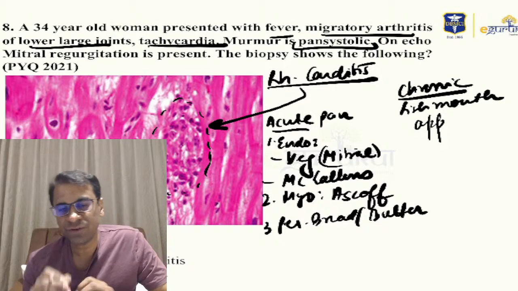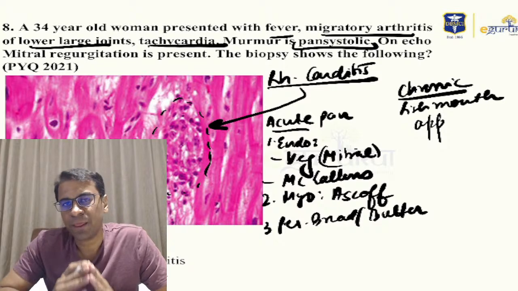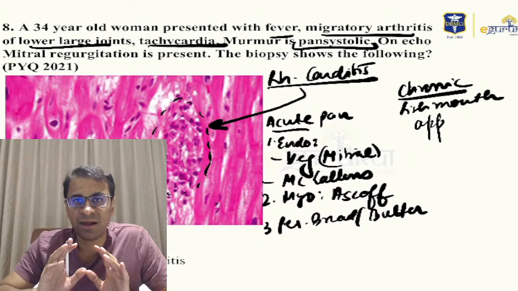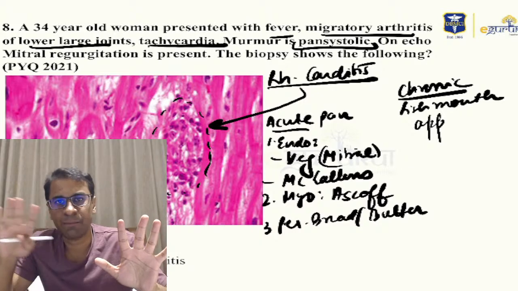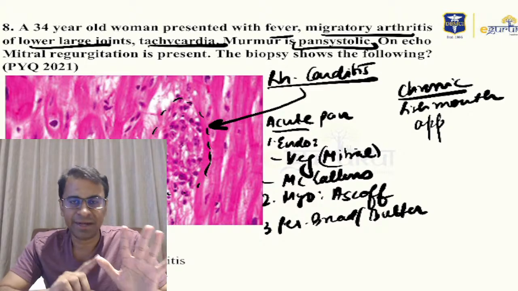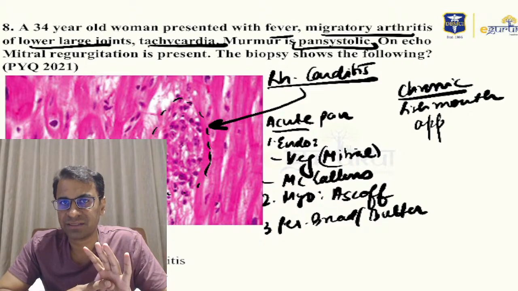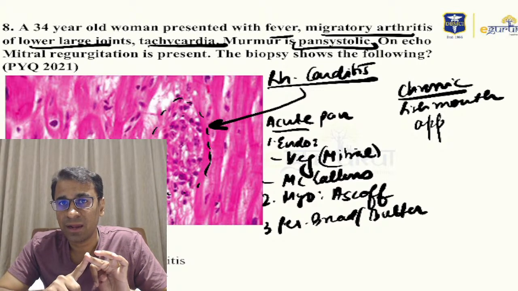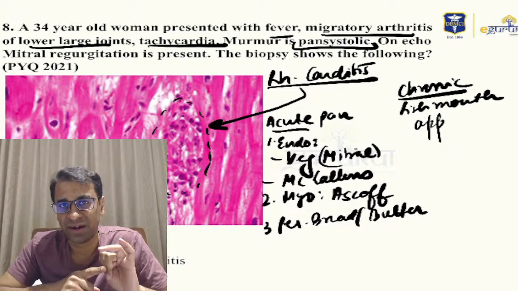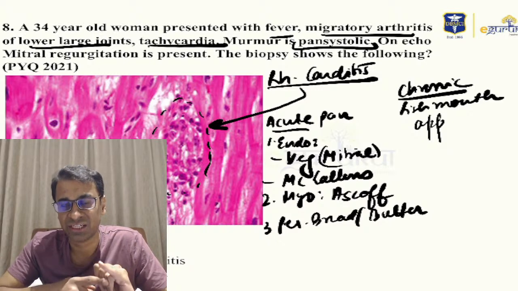Also, if the question is, what are the findings of rheumatic fever? Rheumatic fever will have 5 major criteria and some minor criteria. Among the major, tell me, what are they? It is carditis. It is Sydenham chorea. It has migratory polyarthritis. It has erythema marginatum, that is a rash.